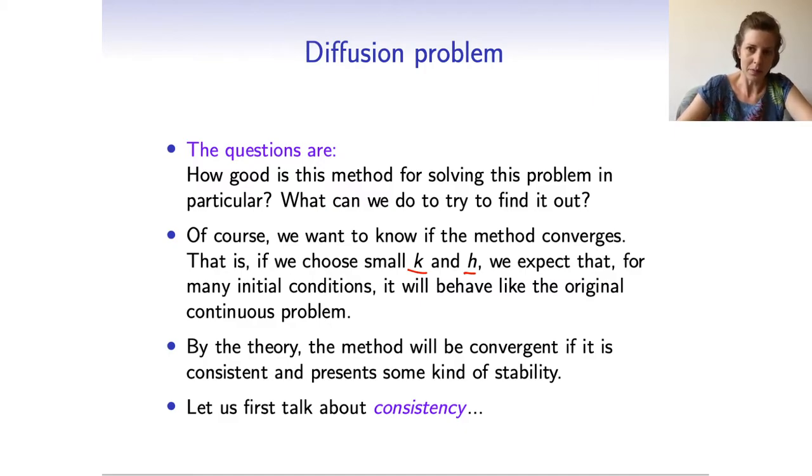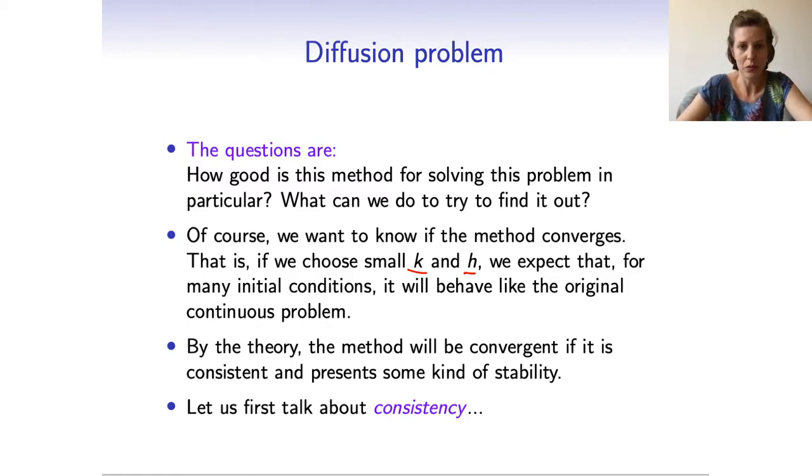K is the time stepping, and h is the mesh grid size. So if we choose this small enough, according to some restriction, taking into account the stability region, we expect that for many initial conditions it will behave like the original continuous problem.